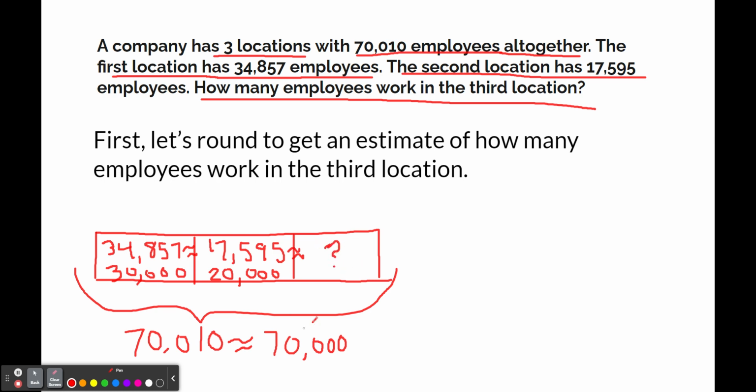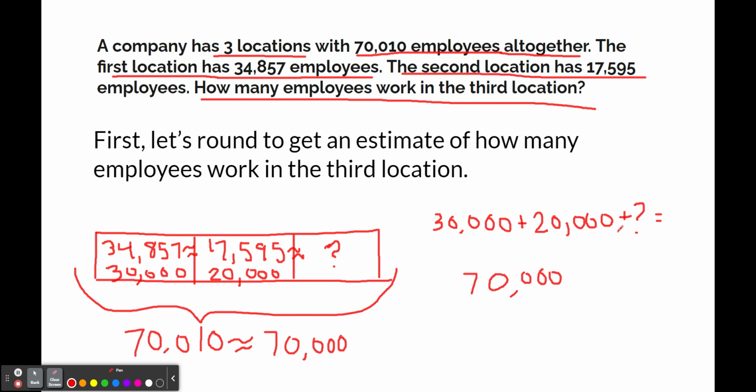So let's first use our rounded amounts. I know that 30,000 plus 20,000 plus some amount is going to equal 70,000, because we're going to do the rounded amounts first.